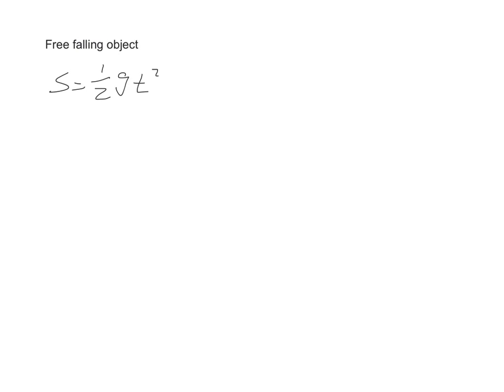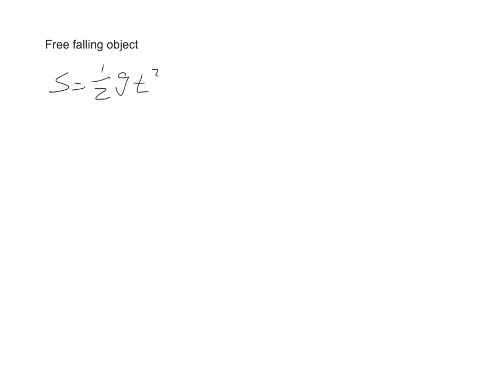If t is in seconds, we have two different models for free-falling objects. The English model is that s equals 16 t squared, and the metric, because of the force of gravity, is 4.9 t squared. s in feet, s in meters.